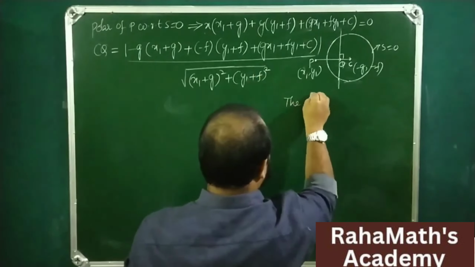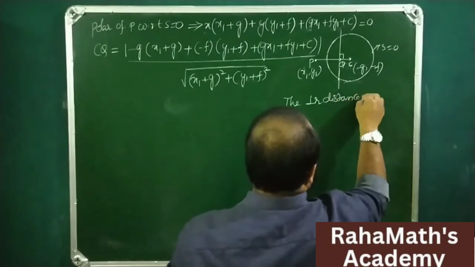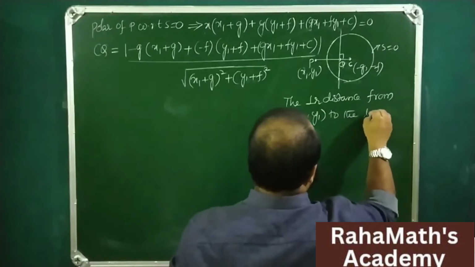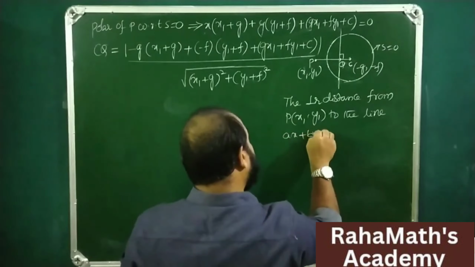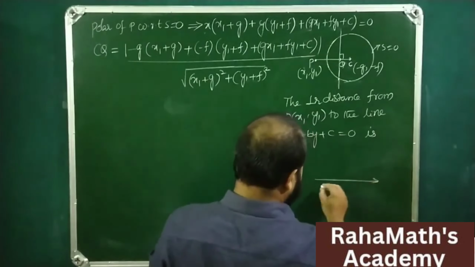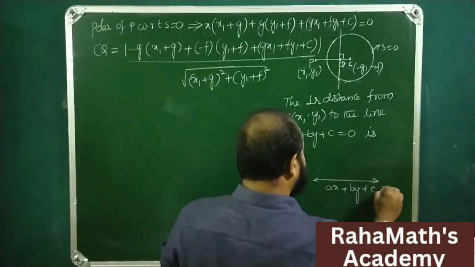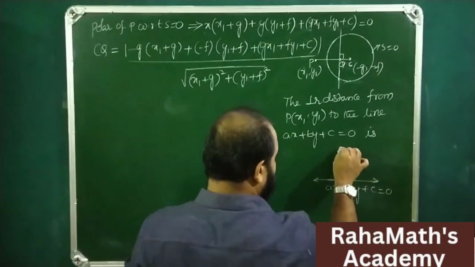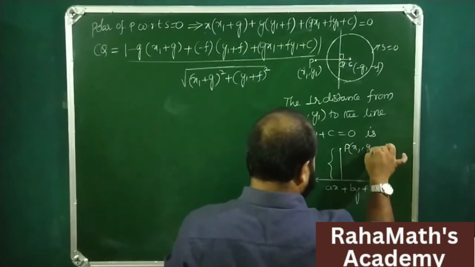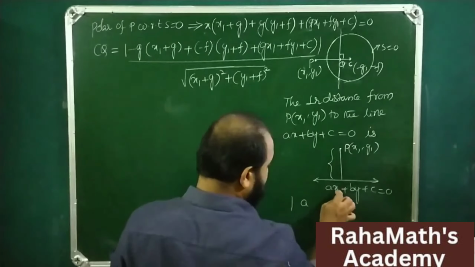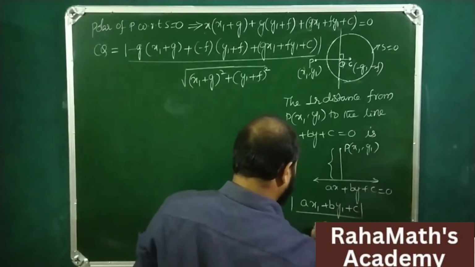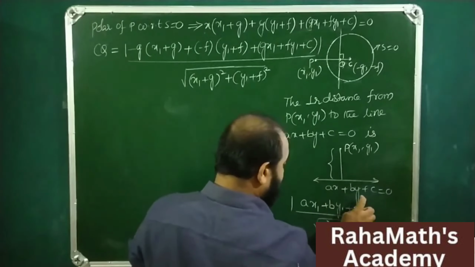Remember, the perpendicular distance from P (x1, y1) to the line ax plus by plus c equals to 0: this is the line ax plus by plus c equals to 0, and this is the point P. So this is the perpendicular distance, which is modulus of (a x1 plus b y1 plus c) by square root of a square plus b square.